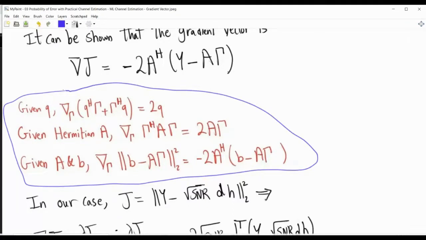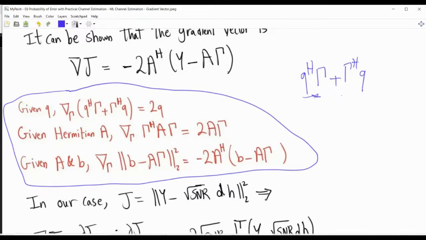They are useful in this course, and they are also useful for those taking the math course. So q is a given vector, and big gamma is the vector carrying the optimization variables. In many optimization problems, you will get something like this: a known vector, the inner product of the known vector and the vector of optimization variables, and the complex conjugate of this.